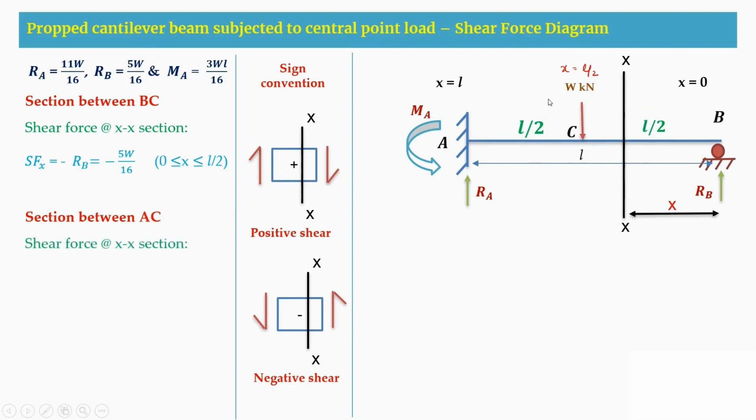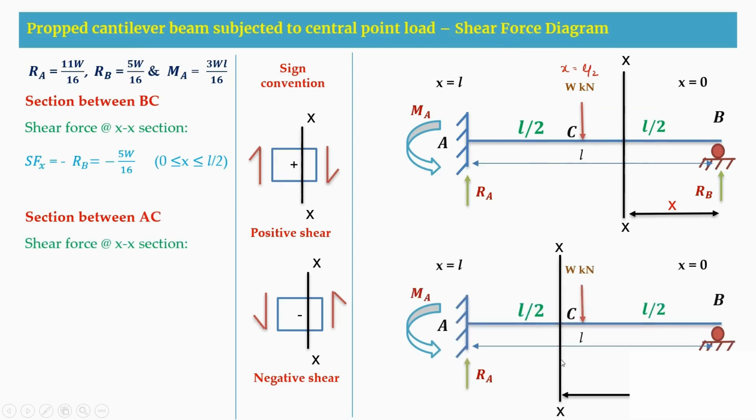Again, I am considering the section in the AC segment, which is at an X distance from B to this section. When we write the shear force equation, at B you again have an anti-clockwise direction, so that is minus RB.